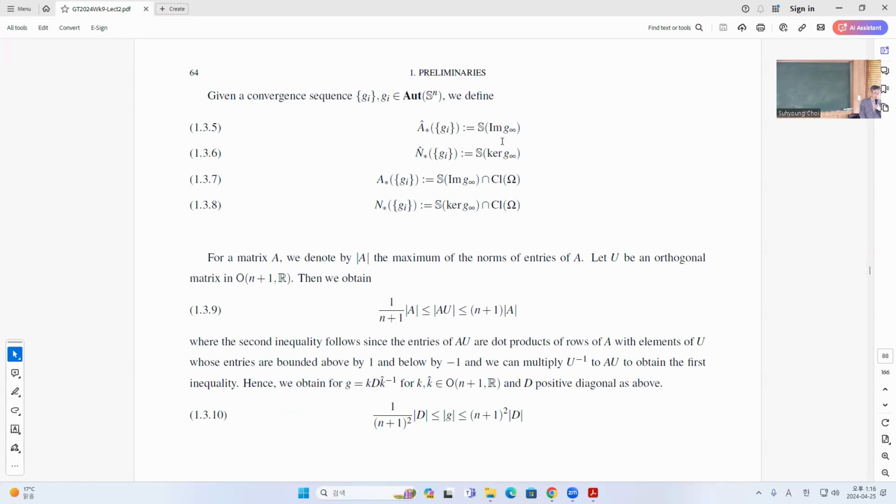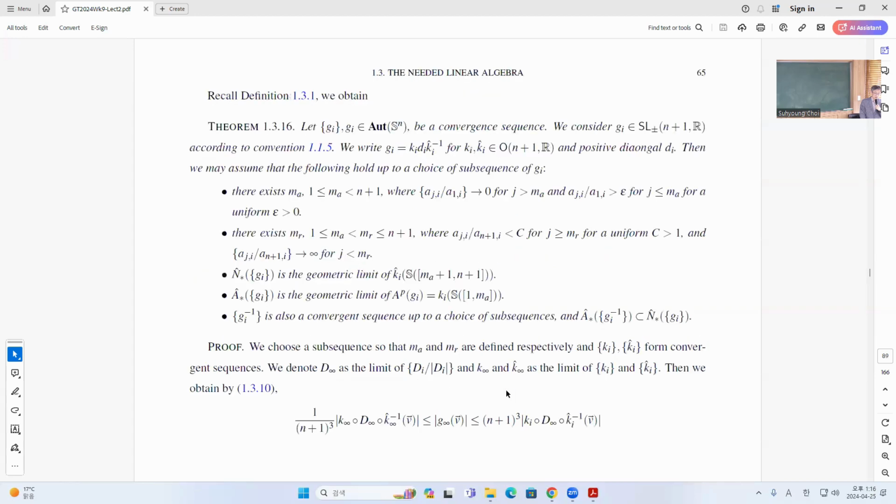So this is the kernel and image, and then you take the intersection and you get these. If you have any orthogonal element, you can estimate like this. And so the norm of G can actually be estimated by these squares, because G can be written as K D K inverse like this. So that's why this happens.